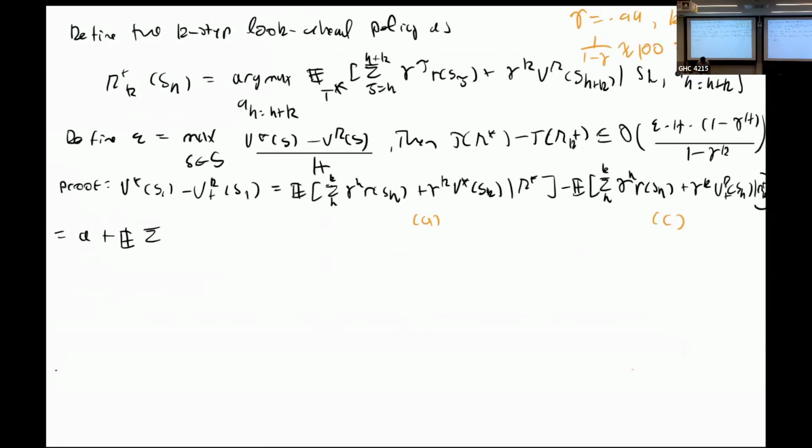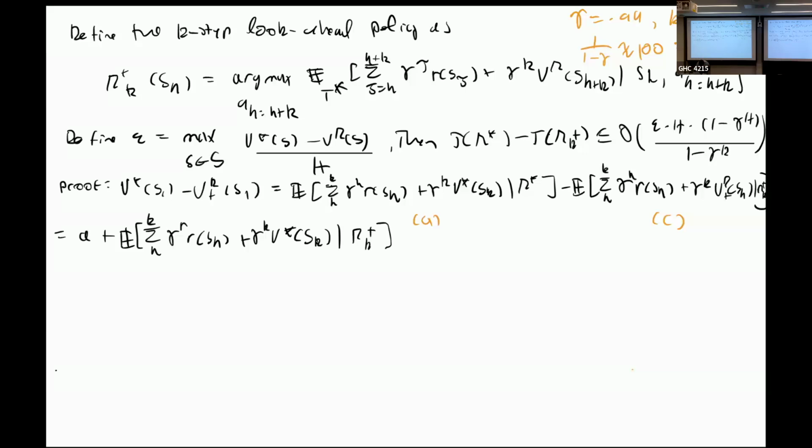So let's write that out. The sum from h to K of gamma to the h R of s_h, plus gamma to the k V star of s_k, all conditioned on pi k plus. Notice how there's a mismatch here where I'm taking actions according to pi k plus, but the terminal value function is V star.